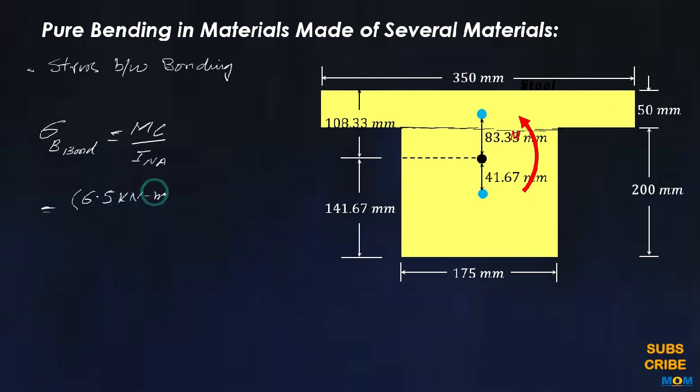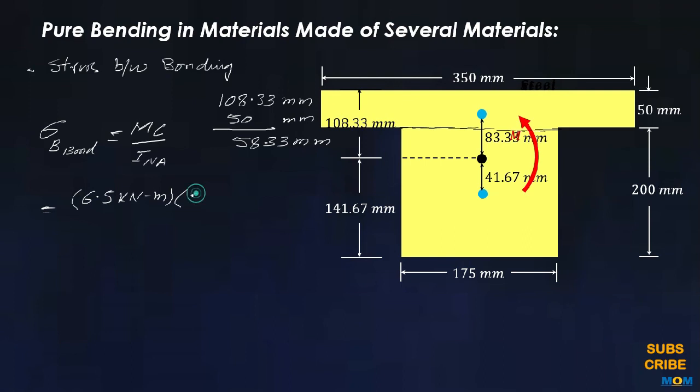kilonewton meter. Now for C, we have to calculate this distance up to this. That is very simple, taking the total distance of 108.33 millimeter and subtracting 50 millimeter from it. So this comes out to be 58.33 millimeter.